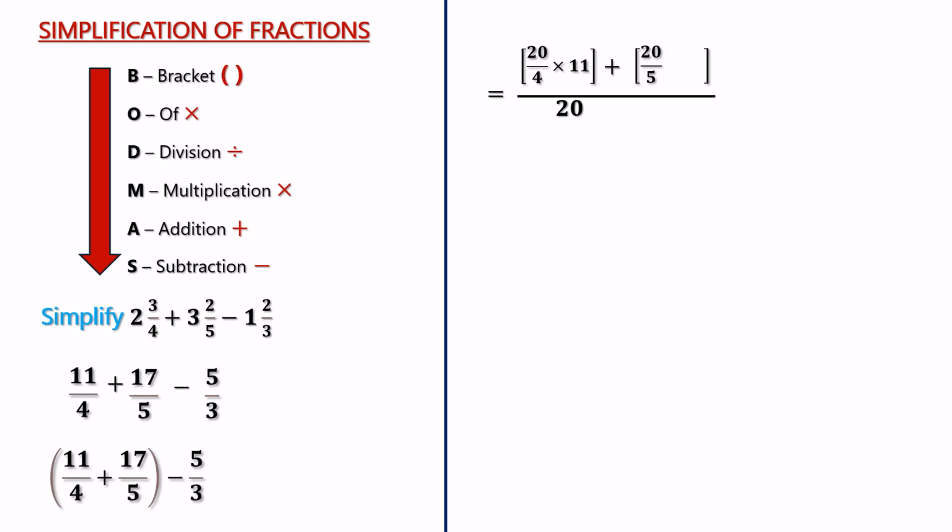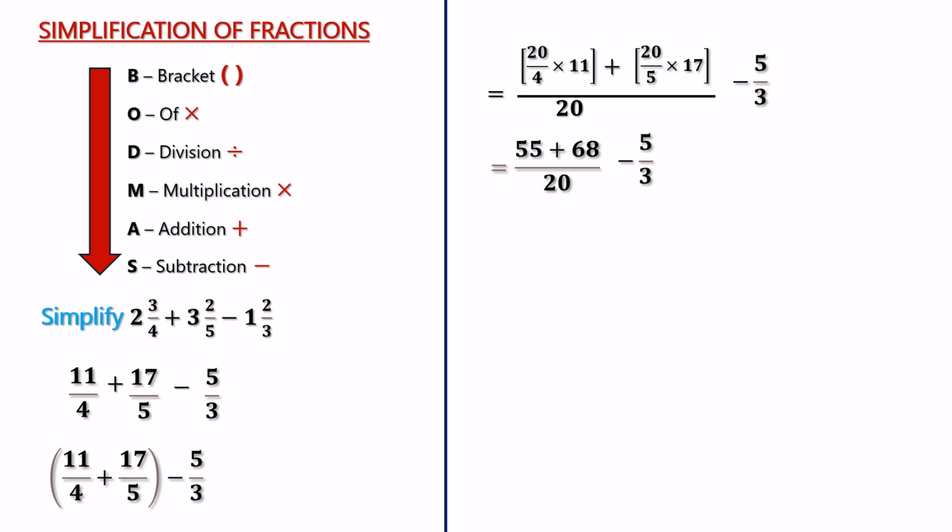Then we simply bring forward the last fraction of 5 over 3. So we have 55 plus 68 over 20 minus 5 over 3.